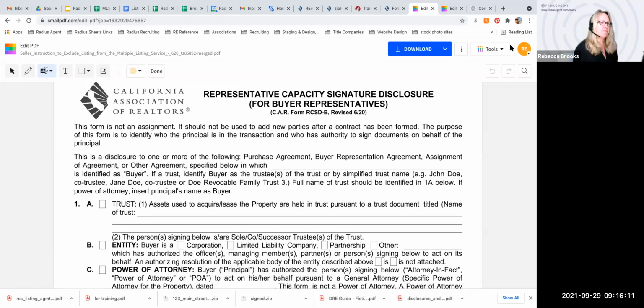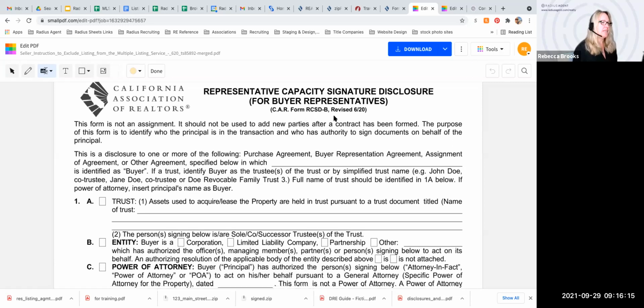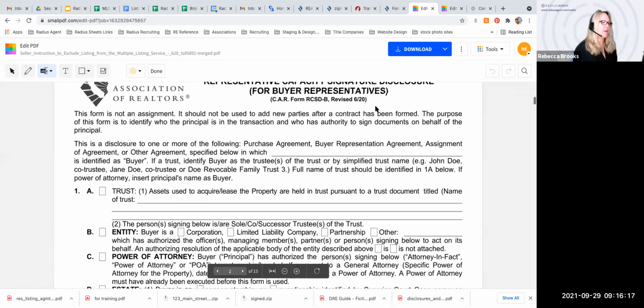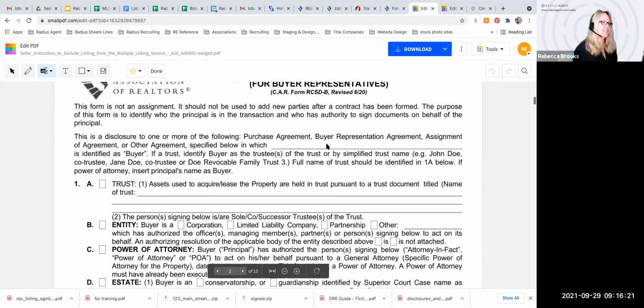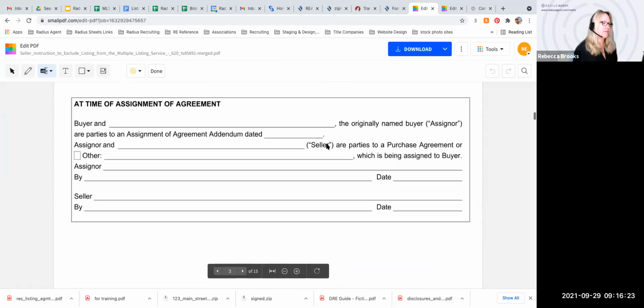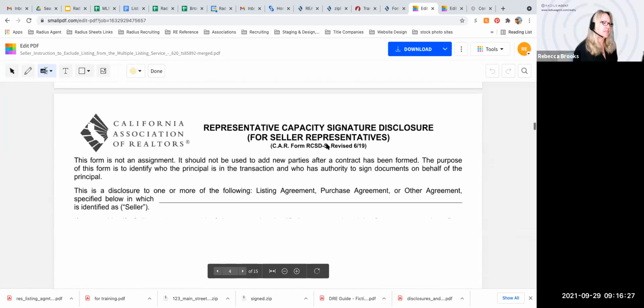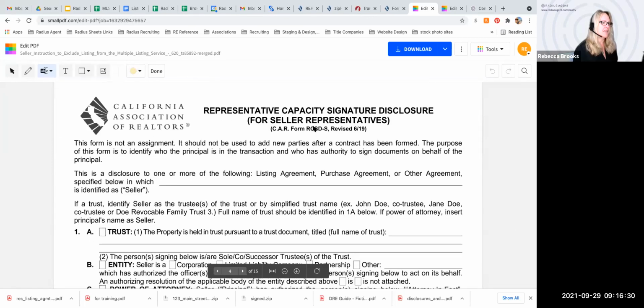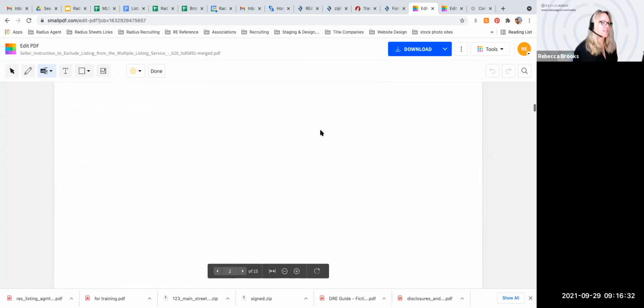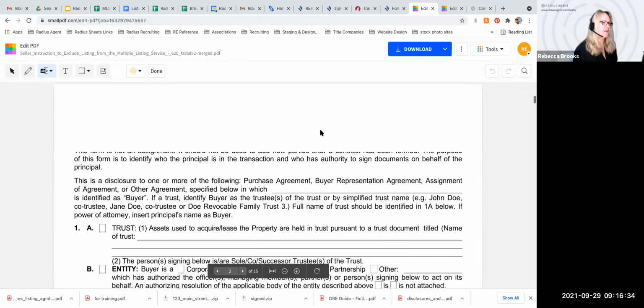We have this, let's see, this is the RCSD, okay, and this is the buyer version, and we have an RCSD seller version, okay, and a lot of agents miss the RCSD because here's the seller RCSDS and then RCSDB.